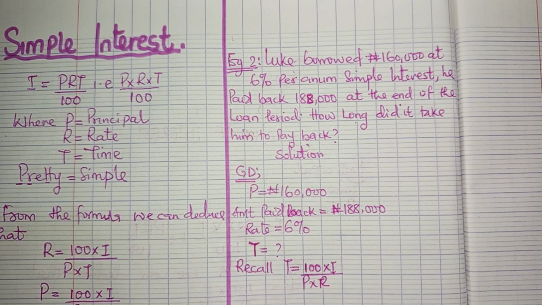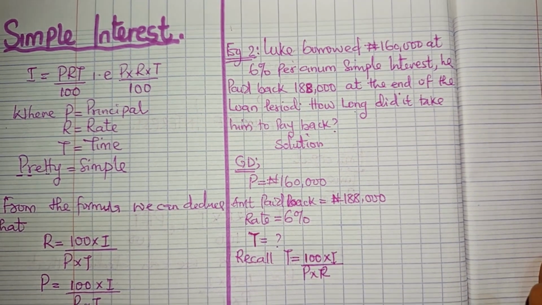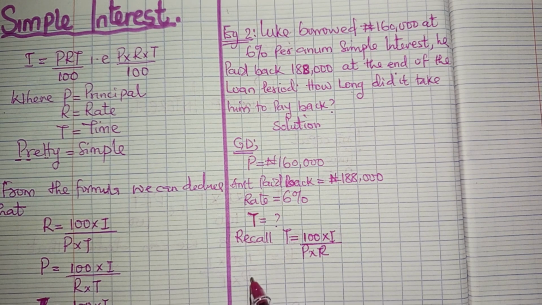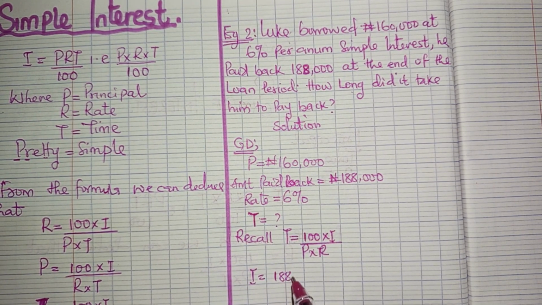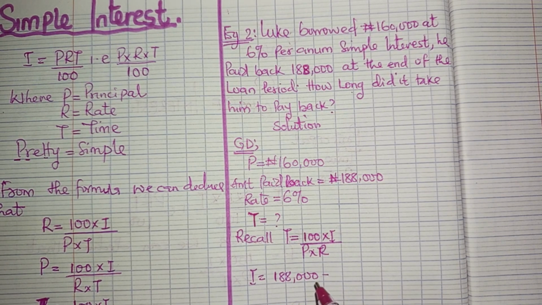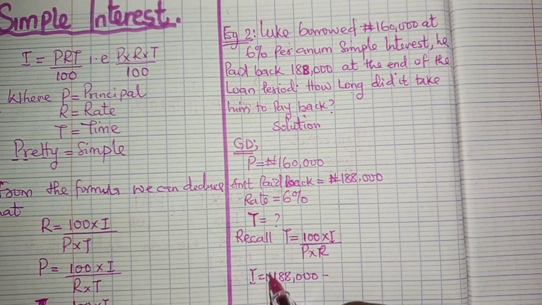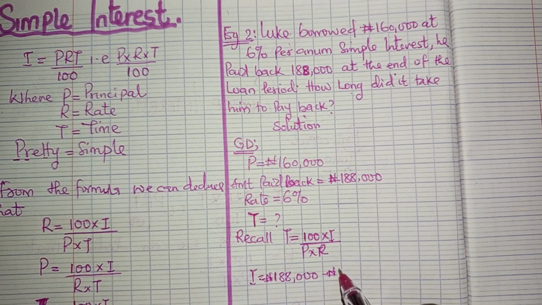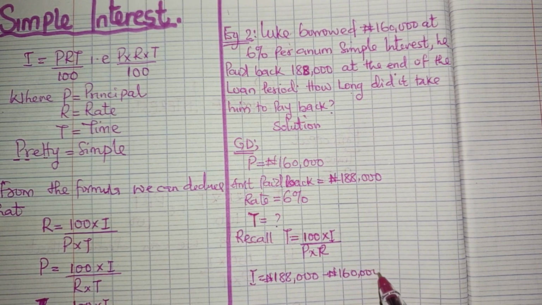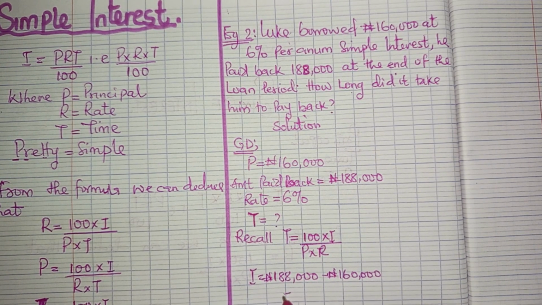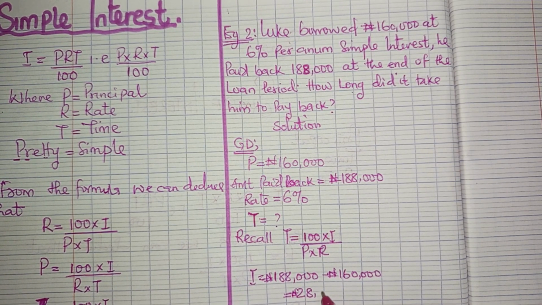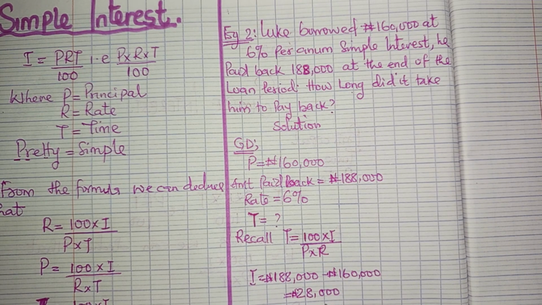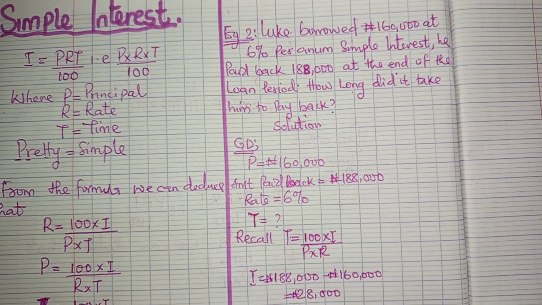So here we have that interest is equal to 188,000 minus 160,000, and if you subtract it, we will have 28,000 naira. So our interest here is 28,000.